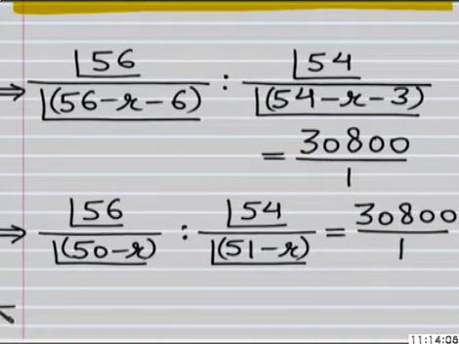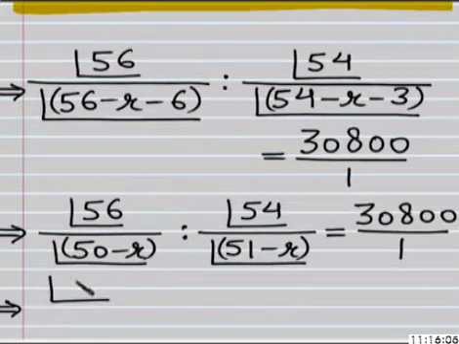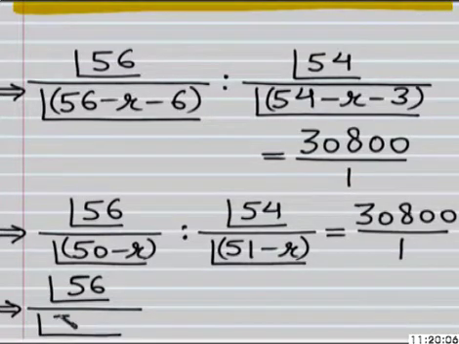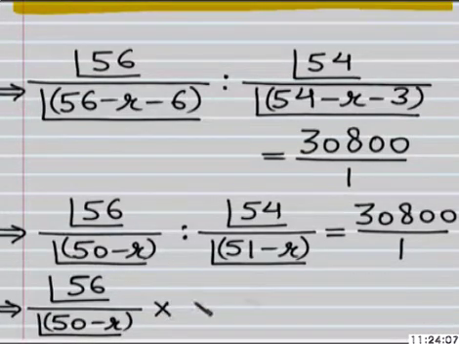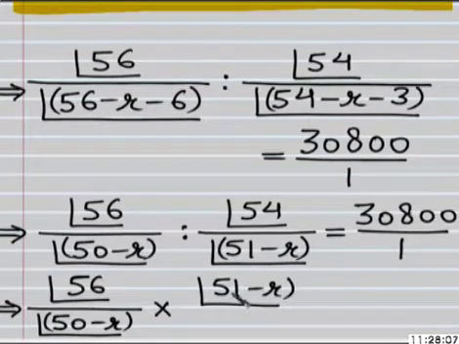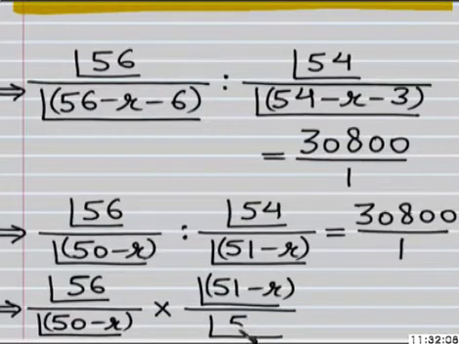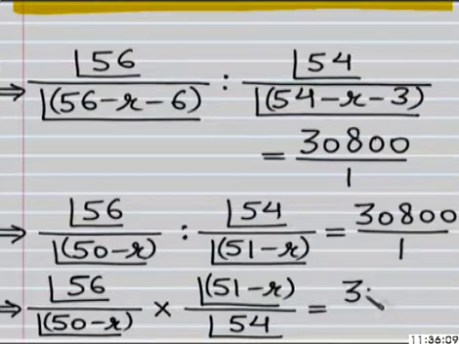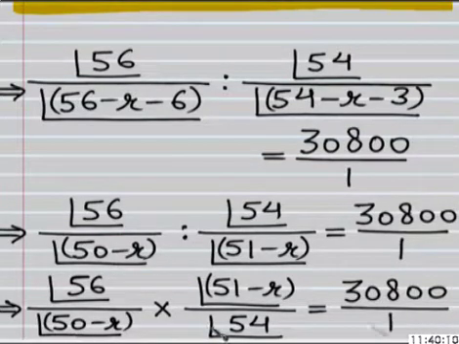So, this implies 56 factorial whole divided by (50 minus r) whole factorial whole multiplied by (51 minus r) whole factorial whole divided by 54 factorial is equal to 30,800 upon 1.